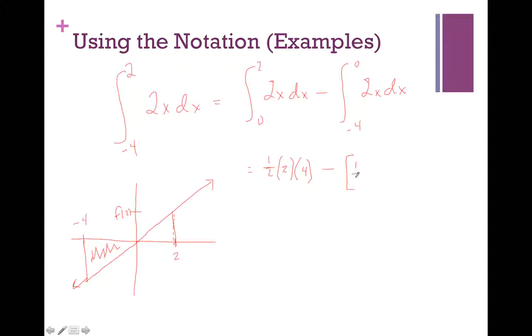So it's 1/2 times negative 4, because that's the width in this direction. Actually, let's think of it as a 4, and this is f of negative 4. f of negative 4 is negative 8. We do our problem here. We get 8 divided by 2, which is 4, minus a negative 16. So it's plus 16, and the area is 20.